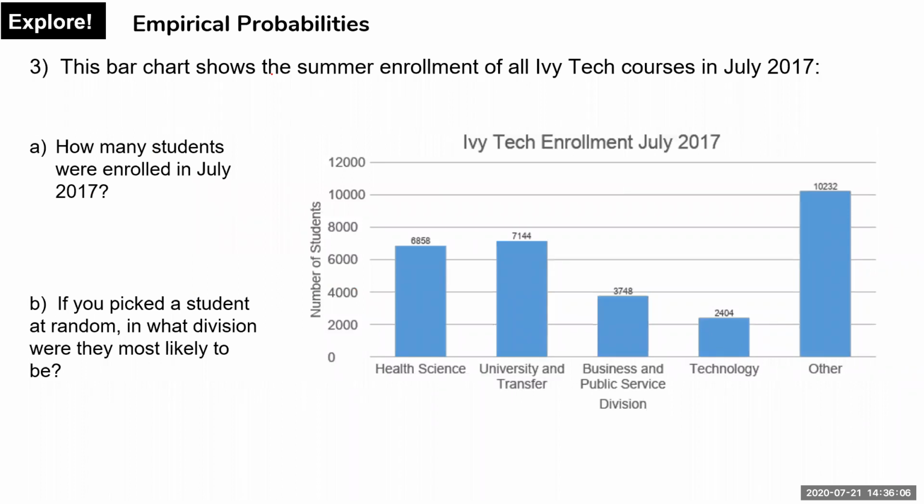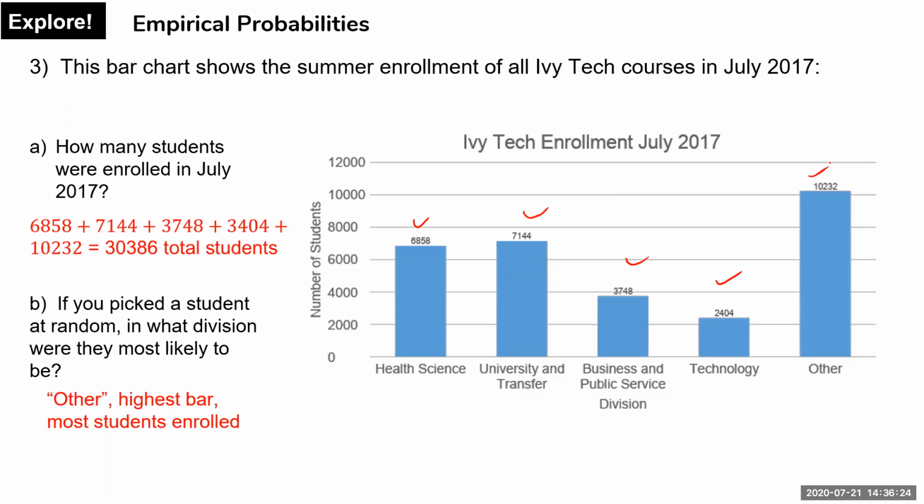If you go by the rules of probability, problems under probability should be very easy, right? So if you look at this chart, how many students are there? You just put the numbers together, and that gives you the enrollment. Now, if you pick at random, what division were they most likely from? That should be the other, because the other has the tallest bar, okay?